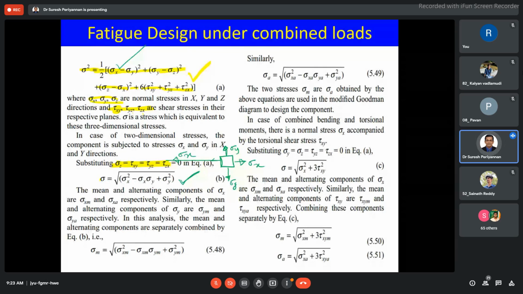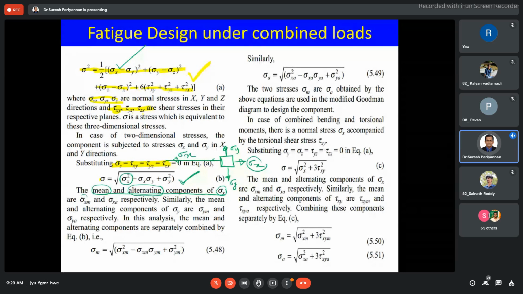Now, the mean and alternating stress of sigma x. Sigma x is one stress, and I can write it now as sigma xm, the mean stress component, and sigma xa, the alternating stress component of sigma x.